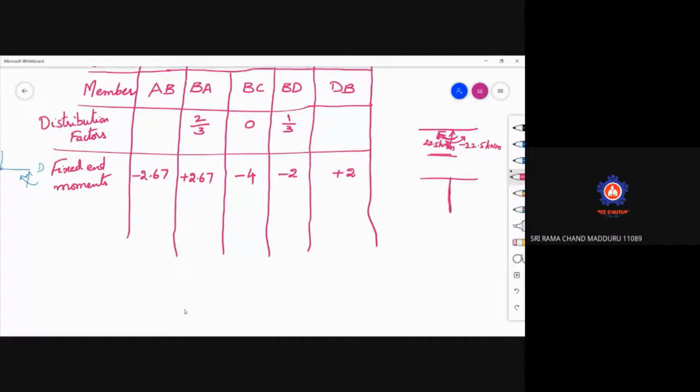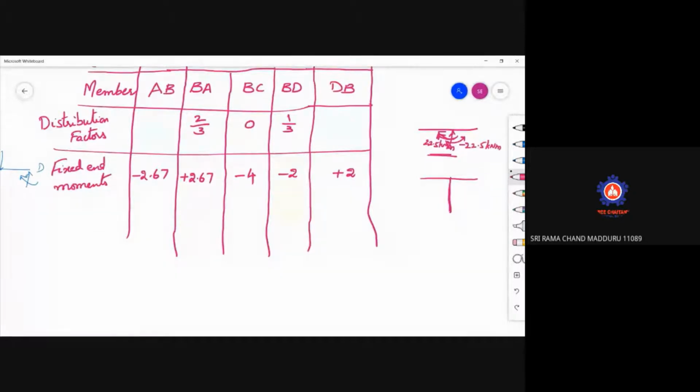So when three members are meeting, first of all we have to write down the balance. Which one are we balancing? That is very, very important at this point. Here AB is a fixed one, so joint D is fixed, joint A is fixed.